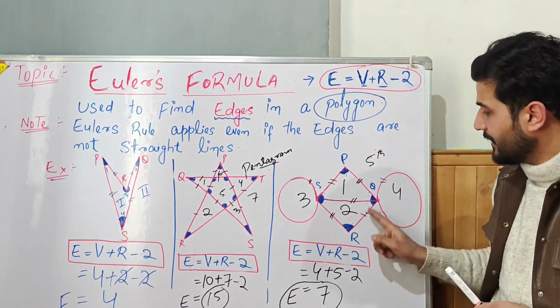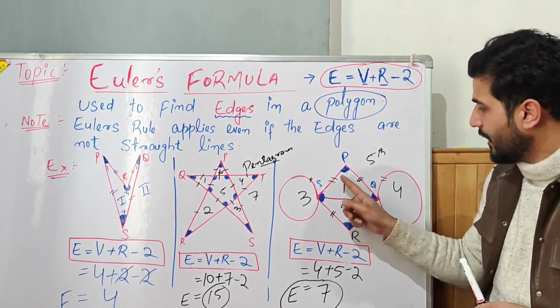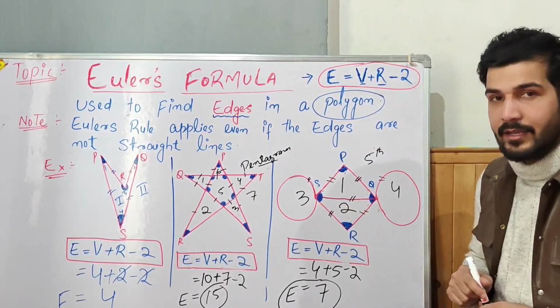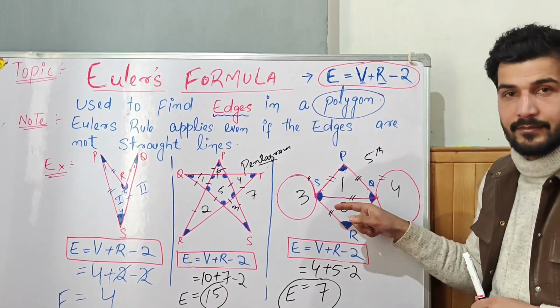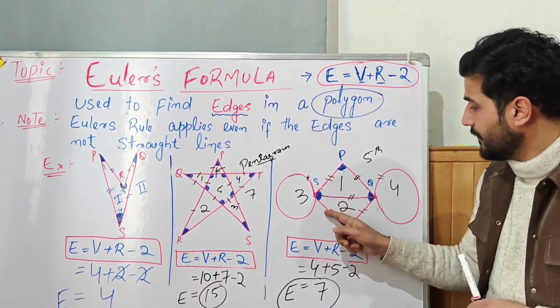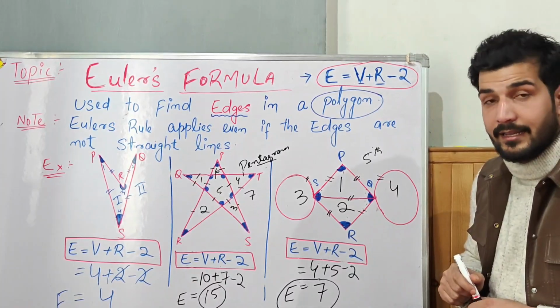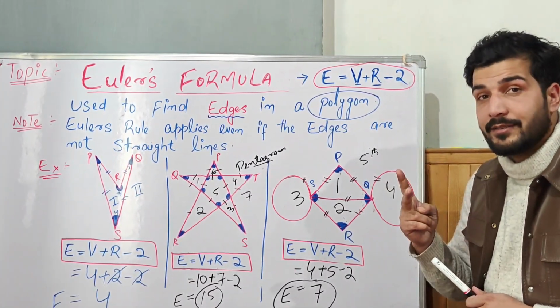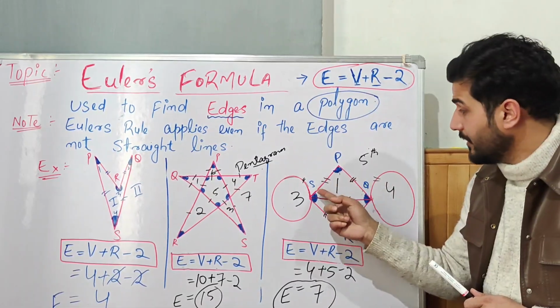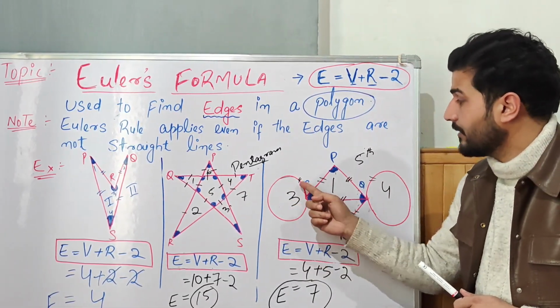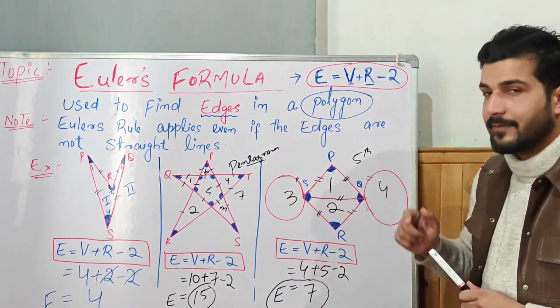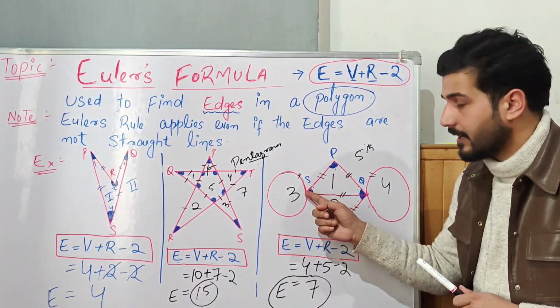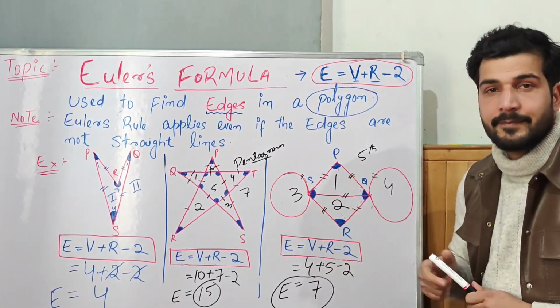The 4 edges of this quadrilateral, 1, 2, 3, 4, plus one diagonal, that makes 5, and the two edges are the edges of the circles. This is circle first and circle second. These are edges, but these are curved edges.